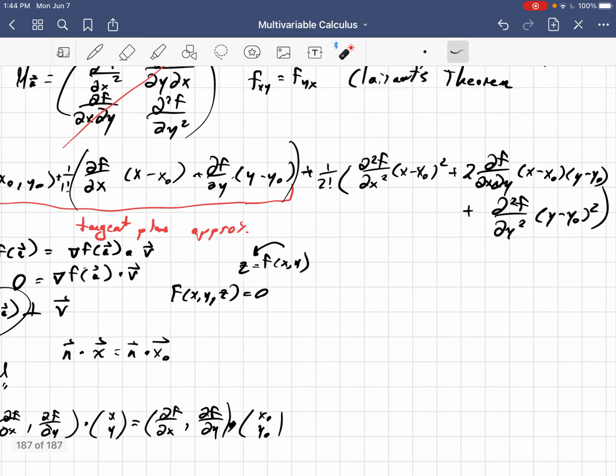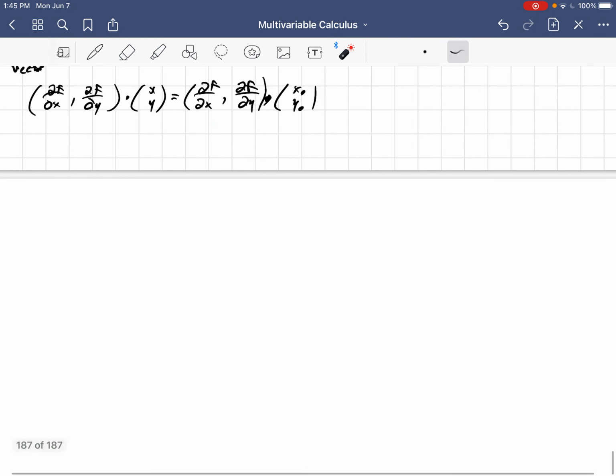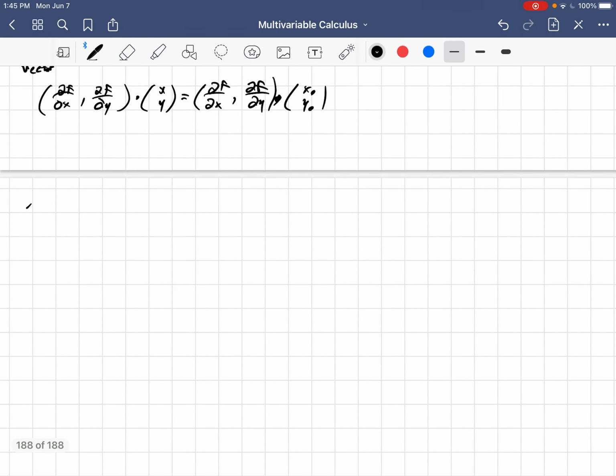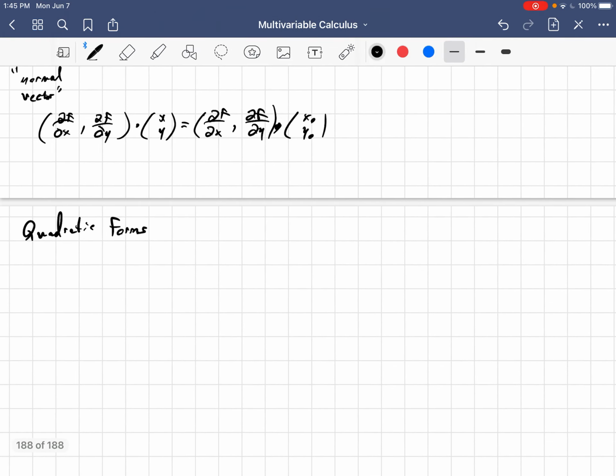Now, as far as how we actually think about this second term, well, we need to first talk about something called quadratic forms. This is typically where the textbooks just don't mention anything about quadratic forms, which I find a little sad, but that's why I'm talking about it to you today.